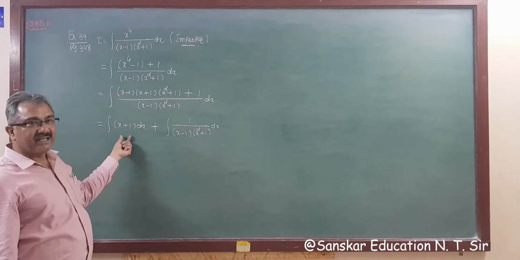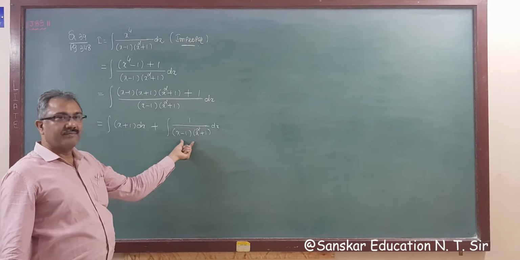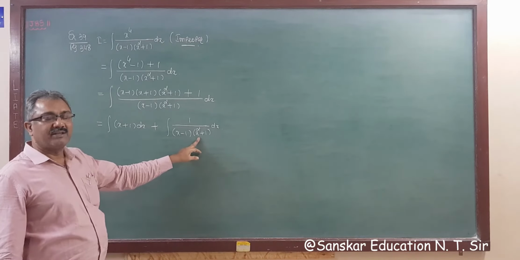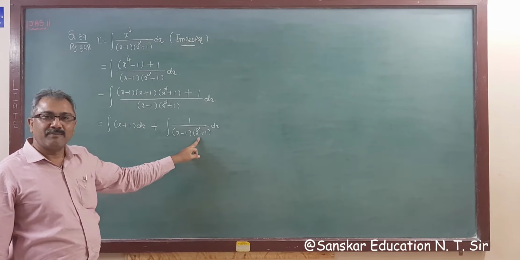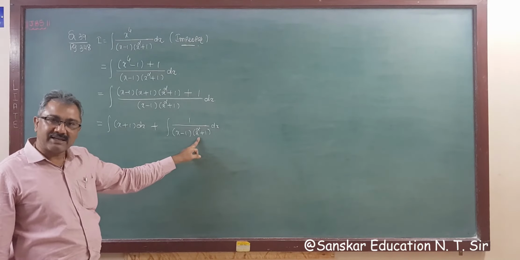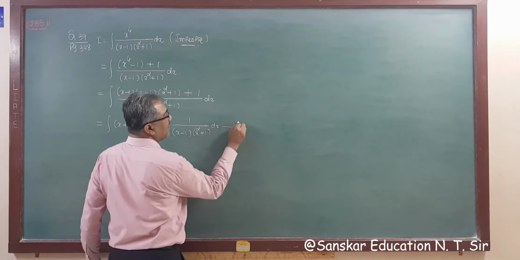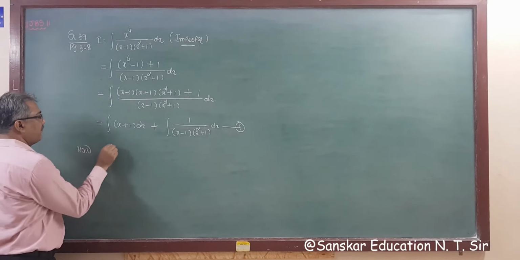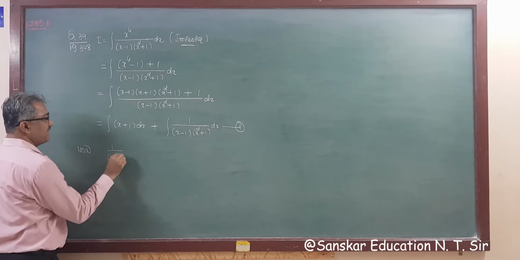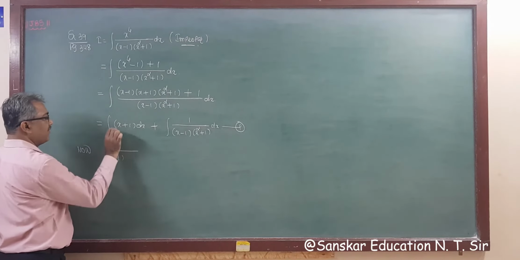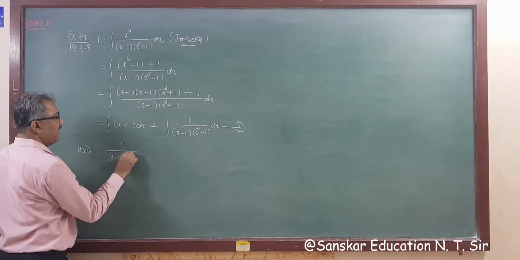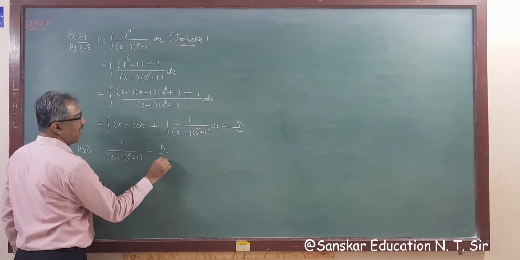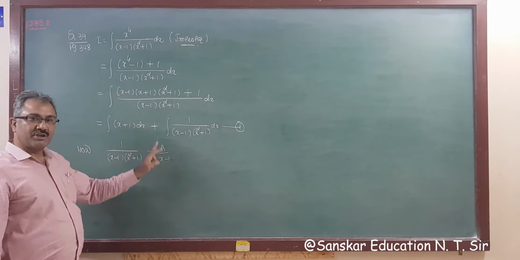Now this can be integrated, but here again the problem: this is linear, this is quadratic. That means we have to apply the method of partial fractions, right? So give this equation number 1. So now 1 upon x minus 1 into x square plus 1 is equal to A upon x minus 1, one constant for the linear factor.